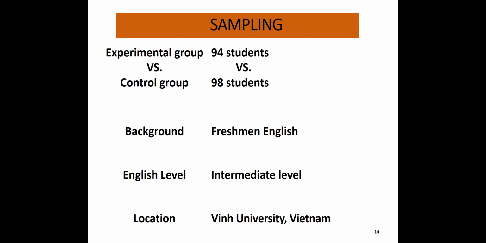Both groups were freshman English students, and their English level was intermediate. This research was conducted in Vinh University, Vietnam, in the Foreign Languages Department. All the groups, experimental and control, were instructed by the same teachers.